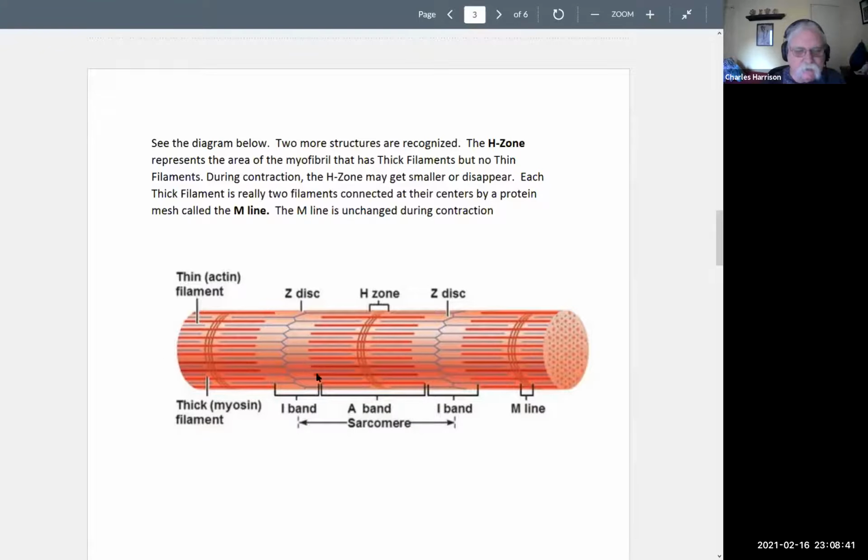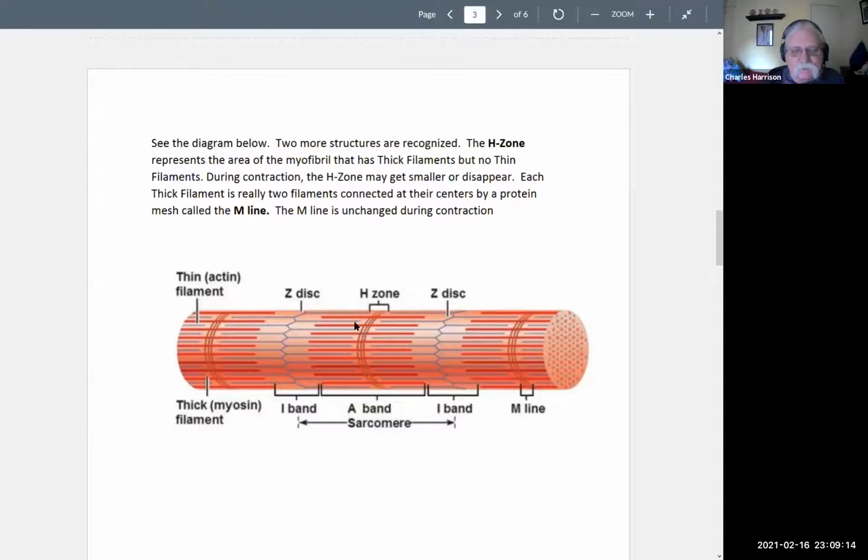The A band will stay the same size. The A band does not get smaller during contraction. The I band, however, can get obliterated as the filaments move into it. The H zone can also disappear completely at that time.